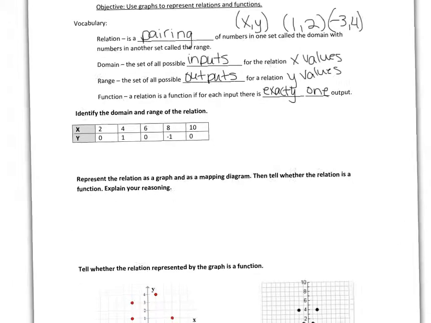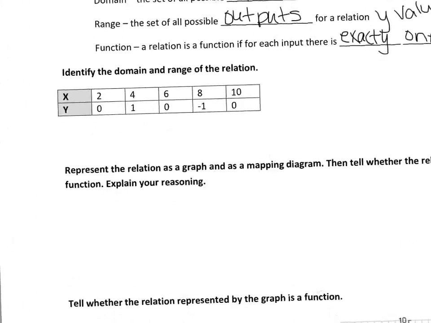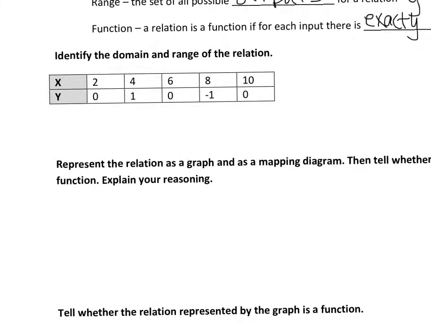Okay, so let's look at this first example here. I have this table that tells me I have x values of 2, 4, 6, 8, and 10. I have y values of 0, 1, 0, negative 1, and 0. The first thing I want to do is identify my domain and my range. For shorthand we can just use D and R, and then we're going to use what's called set notation.